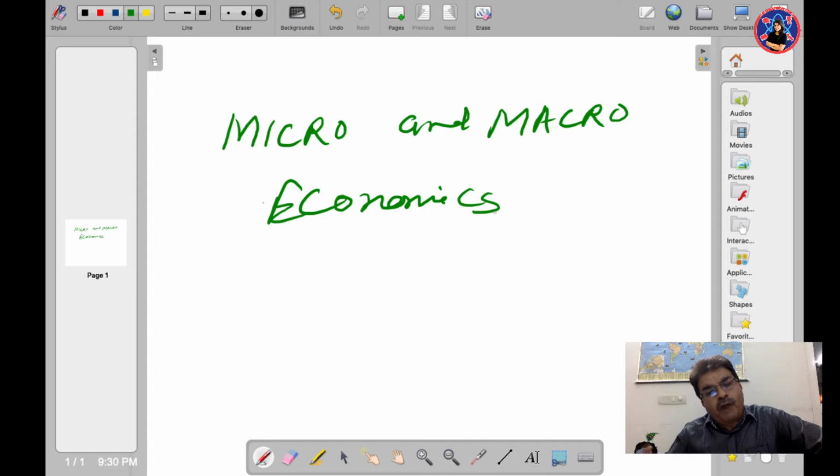National income of the country depends upon the individual income of the country. So this also shows macroeconomics depends upon microeconomics. Without microeconomics, macroeconomics cannot take place, and without macroeconomics we cannot study microeconomics. Both are interdependent. Now I'll come to the difference between micro and macroeconomics.